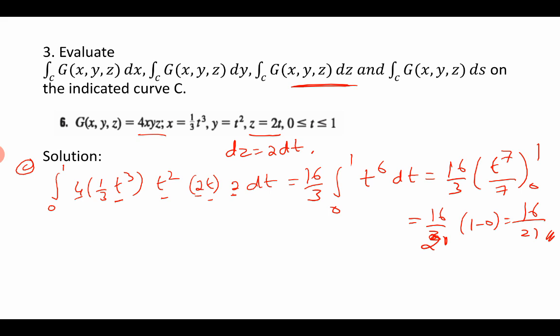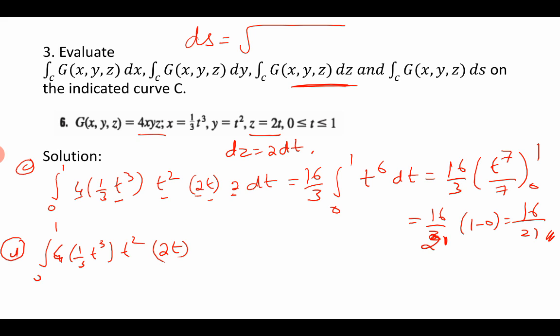Now find the fourth case, with respect to arc length. 0 to 1, the same: 4 times 1 over 3 t cube, t square for y, z is 2t. Now find ds here.